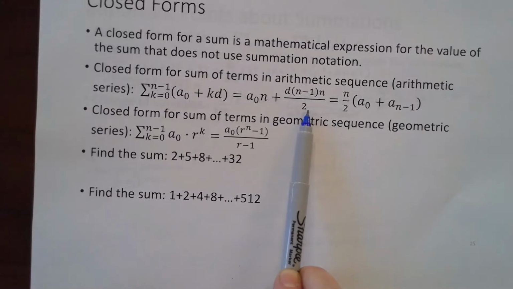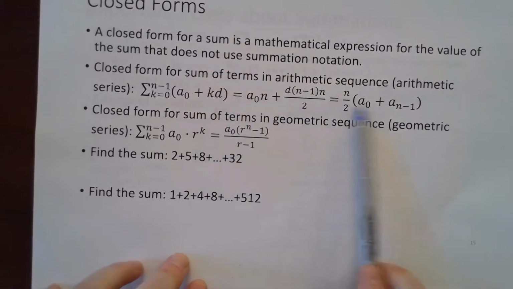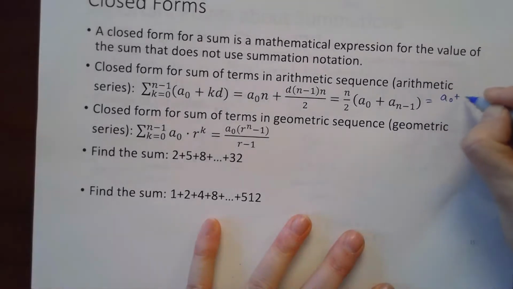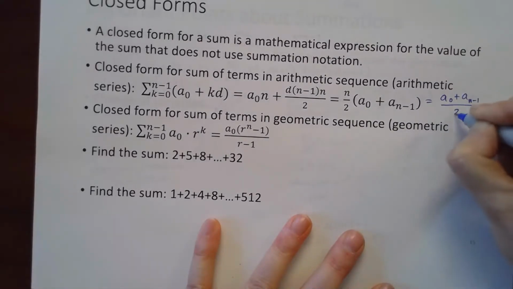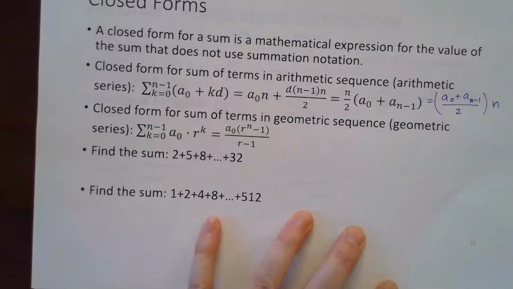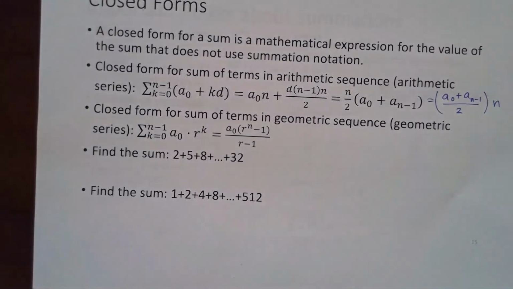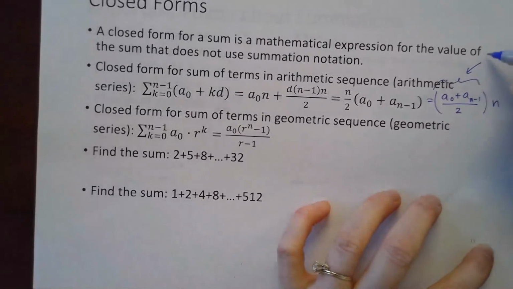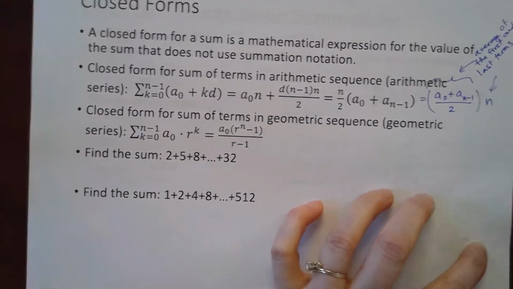So this is equivalent to this. I like to rewrite this one this way. And this one is super easy to remember because this part right here is the average of the first and last terms, and then this is the number of terms.